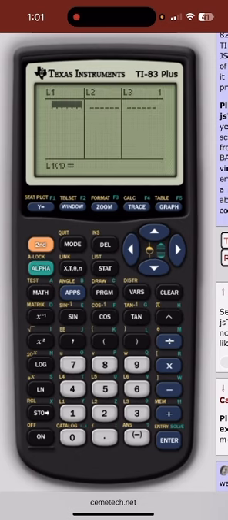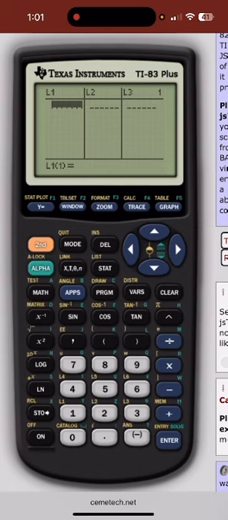Okay, let me think about this. I could do a table. There's stat list.